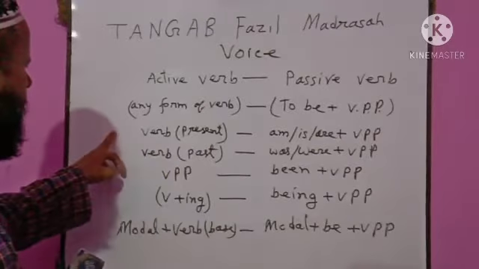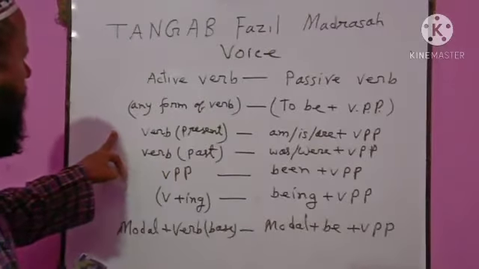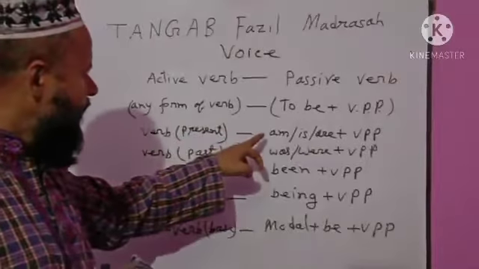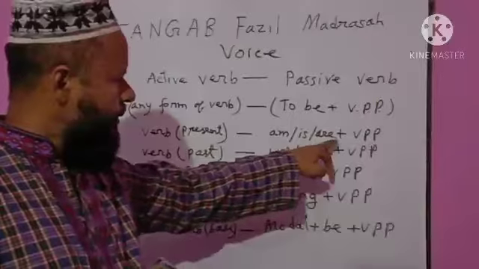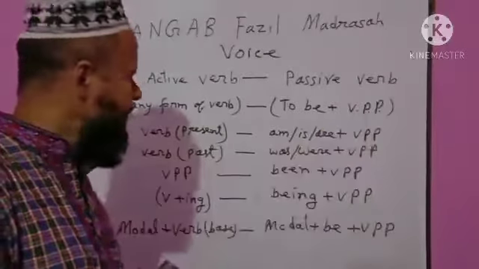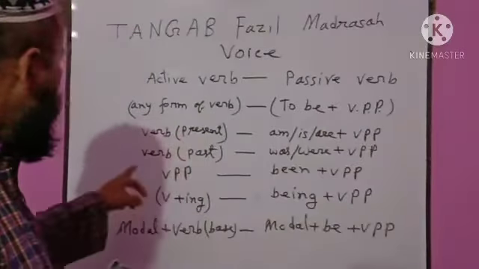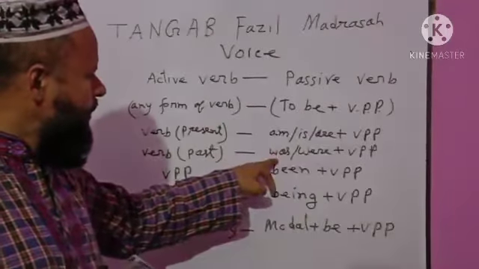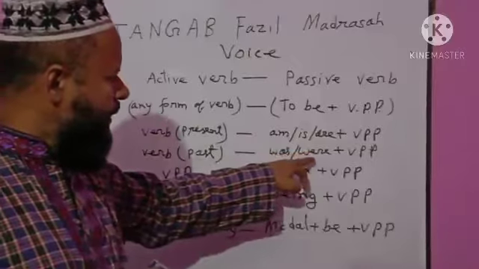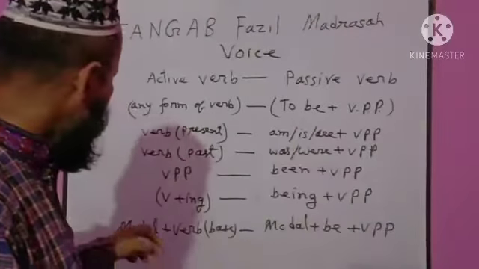Verb present form: am or is or are plus verb past participle. Verb past form: was or were plus verb past participle.